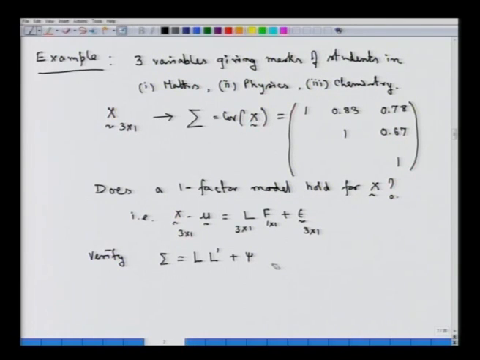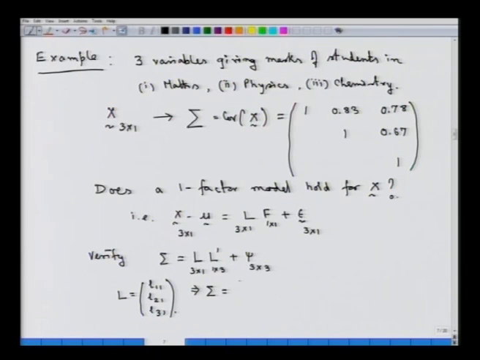So this L is 3 by 1, this is 1 by 3, and this psi is a 3 by 3 diagonal matrix. This L here, we can write as L11, L21, L31. This relationship, sigma equal to LL dash plus psi, would imply that the sigma matrix, which we already have, is a 3 by 3 matrix.